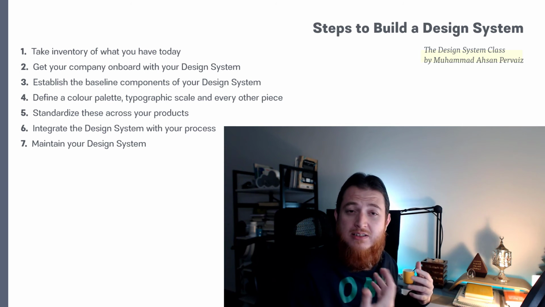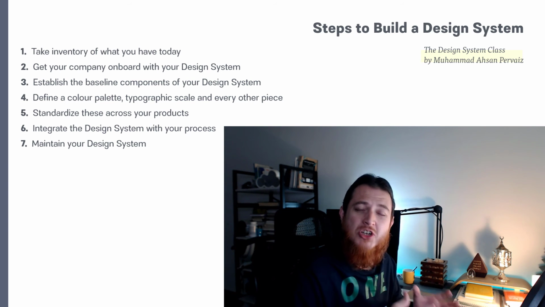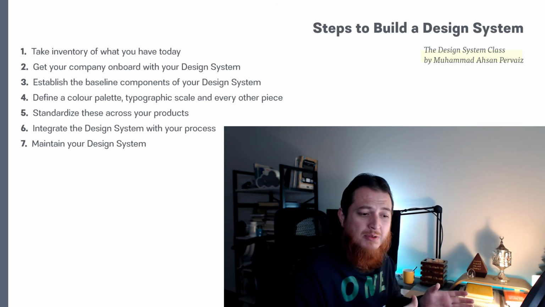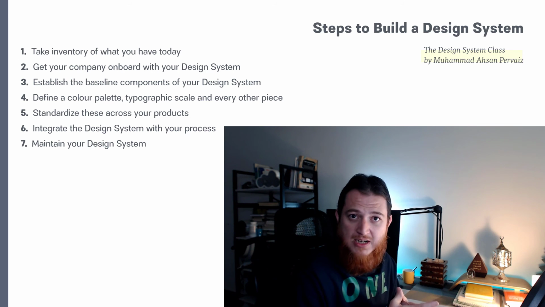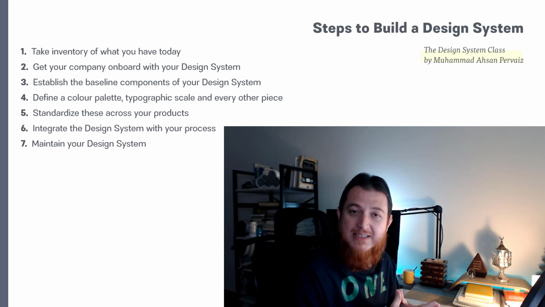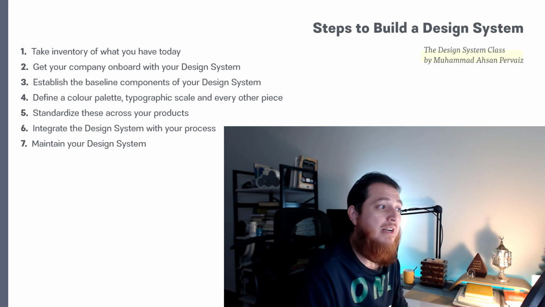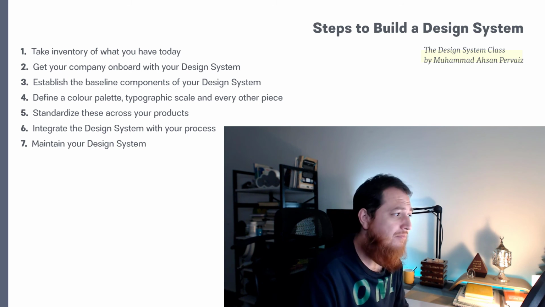Maybe you need a dark theme and a light theme. So there will be changes that you have to maintain. There will be a team of designers, or maybe one developer, who is going to help you maintain your design system. That is all. These are all the steps of building a design system.